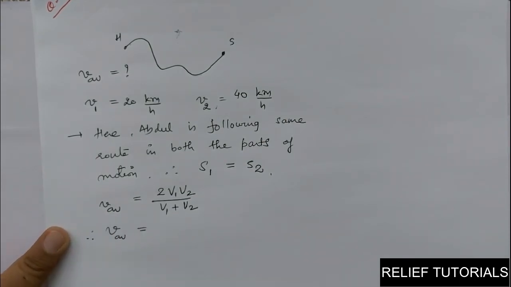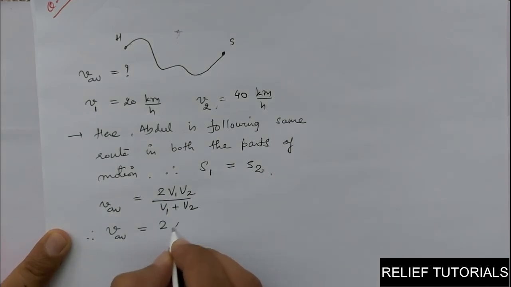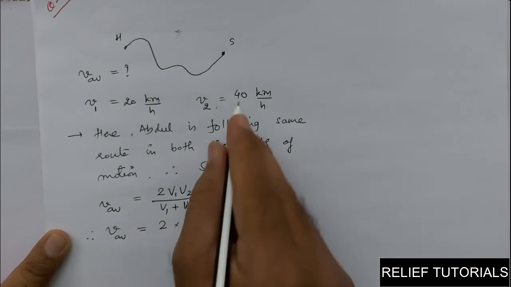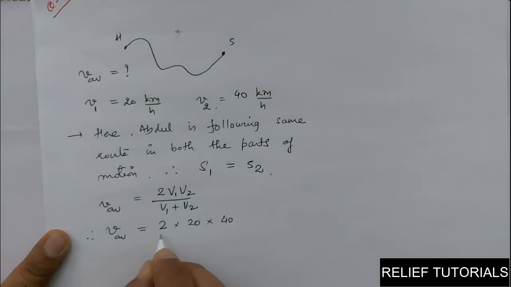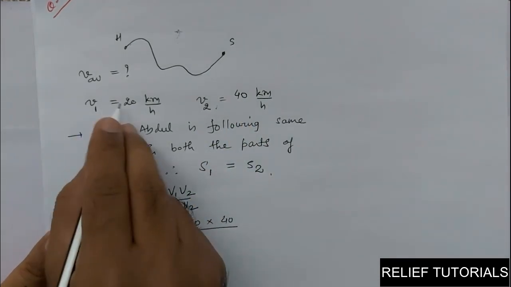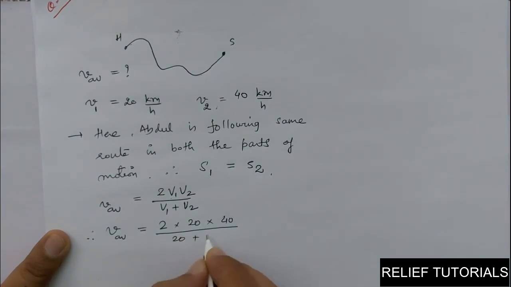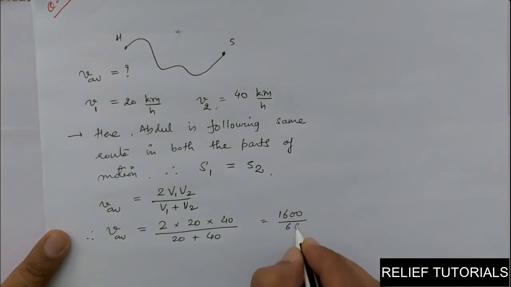V_av is equal to, what is here, 2 into, what is V1? V1 is given as 20. What is V2? It is given as 40, upon V1 which is 20 plus 40. So here 4 2s are 8, 8 2s are 16 and 2 0 is 1600 upon 40 plus 20, 60 only, 0 0 cancelled, 2 3s are 6 and 2 80s are 160.